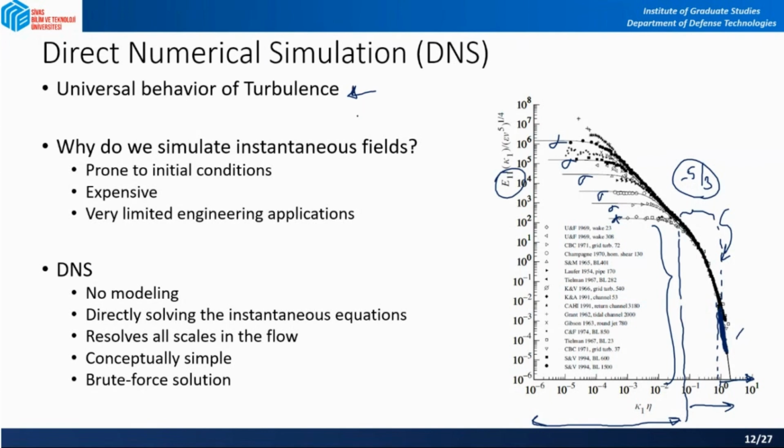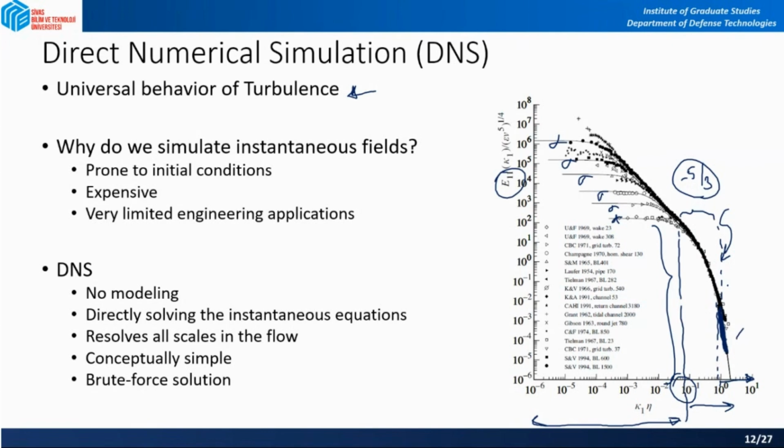And if you're sufficiently far away from the wave numbers that are geometry dependent, you will see a universal, unique behavior of turbulence.